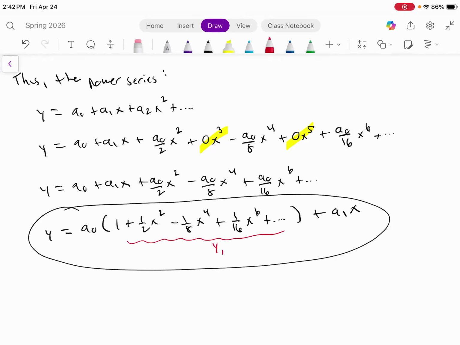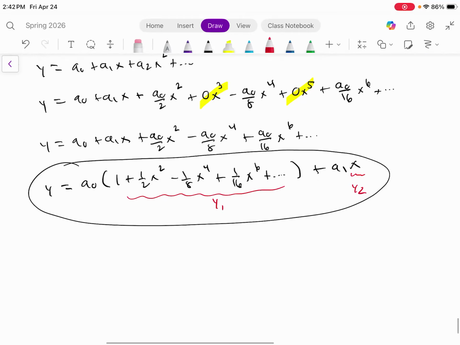That's y1, and x could be y2. It doesn't need to be infinitely continuous, as long as it's some type of solution. Because remember, a solution is y equals a naught y1 plus a1 y2. All right, that's the solution we're trying to get.